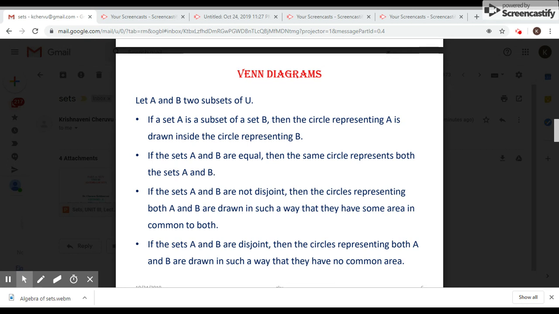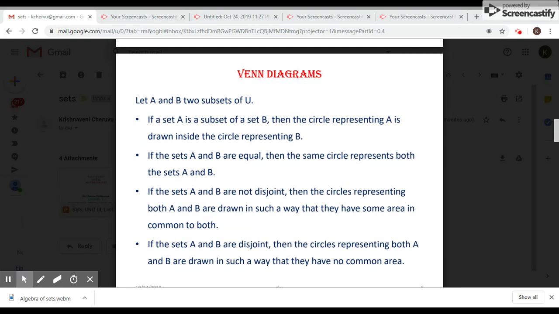Let us see how to represent the relationships between the sets A and B. Let us consider two sets A and B, which are subsets of U. If set A is a subset of set B, then the circle representing A is drawn inside the circle representing B. If the sets A and B are equal, then the same circle represents both sets.